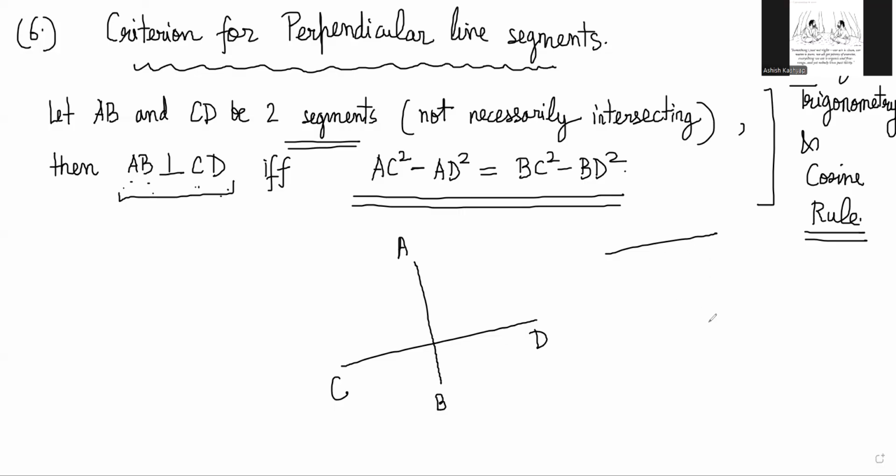But even if I had two separated segments, as long as you follow the correct order, AC square minus AD square should be BC square minus BD square if they are perpendicular. Do you understand what I'm saying? So first try to prove it for the simple case where they are clearly intersecting.